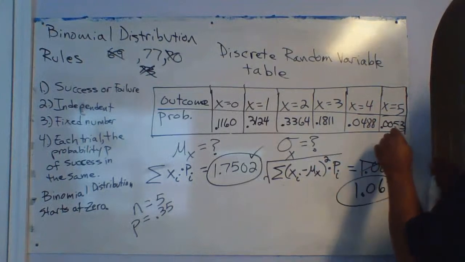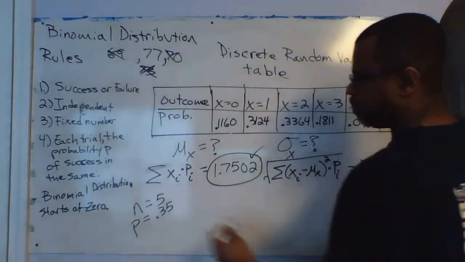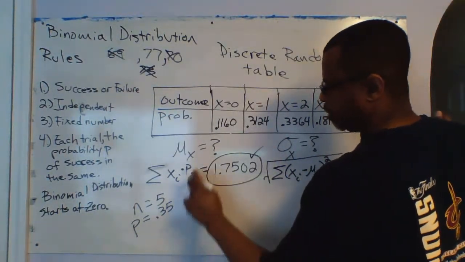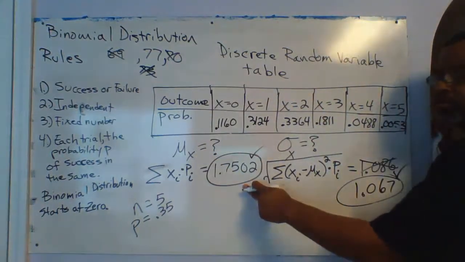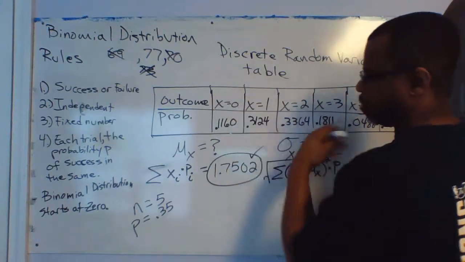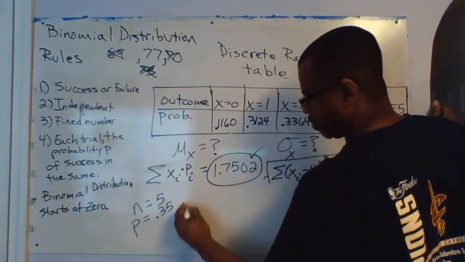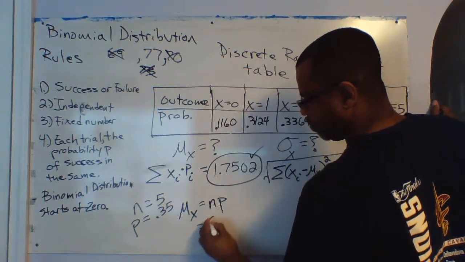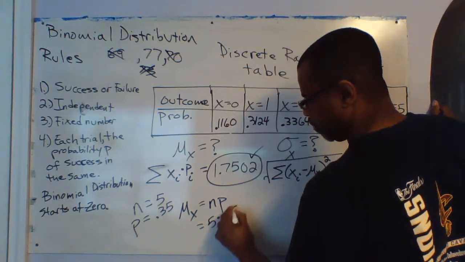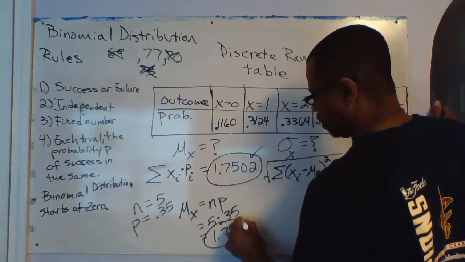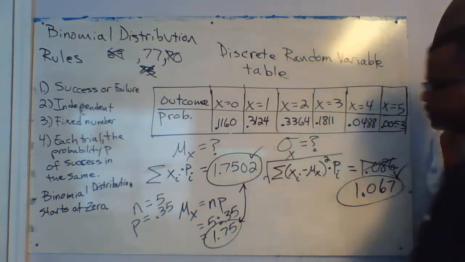To tell that this is a binomial distribution, if I use a rule, they told us that if it's a binomial distribution, you don't have to do this anymore. You don't have to do the outcome times probability and sum them up. You could just simply do n times p. So if I do 5 times 0.35, I'm going to get 1.75, which is this right here.